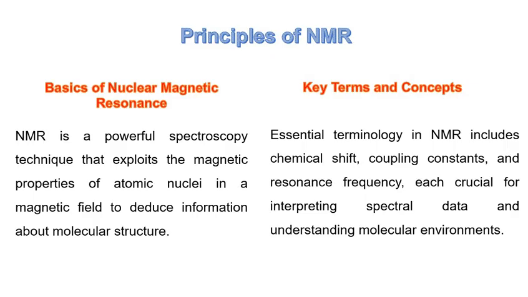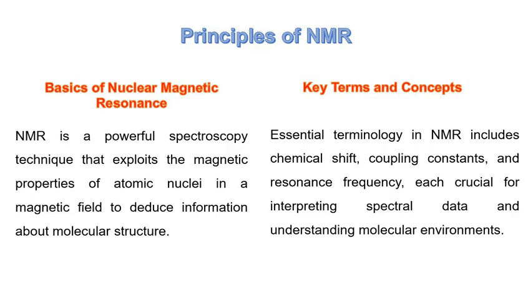Nuclear spin, a property of certain nuclei that makes them NMR active. Chemical shift, position of NMR signals indicating the nucleus environment. Resonance, absorption of RF energy by nuclei in a magnetic field. Spin-spin coupling, interaction between neighboring spins causing signal splitting.